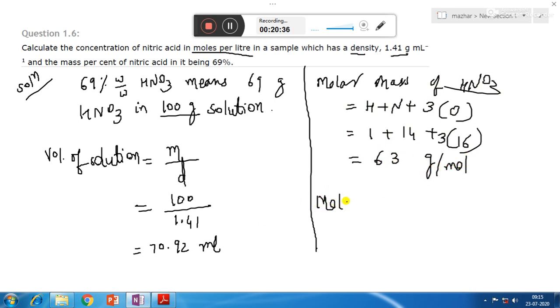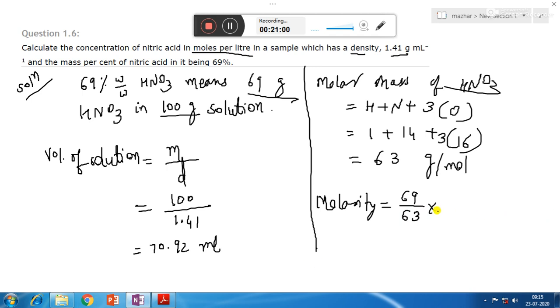Now molarity equal to mass of nitric acid, that is 69 gram, upon molar mass of nitric acid 63 into, now here we have to take volume of solution in ml, that's why we have to multiply 1000.